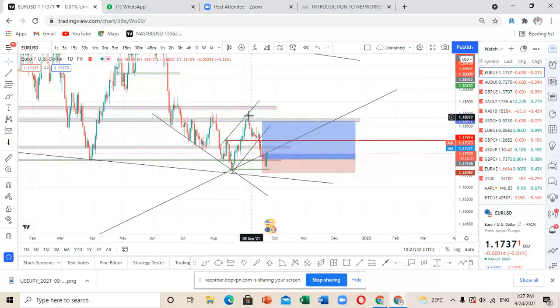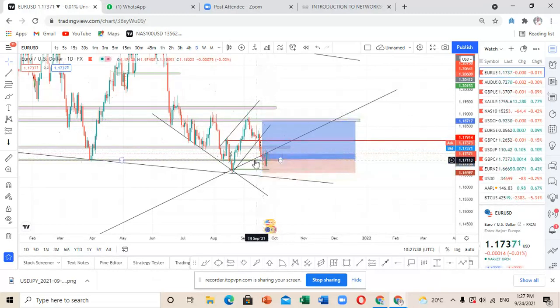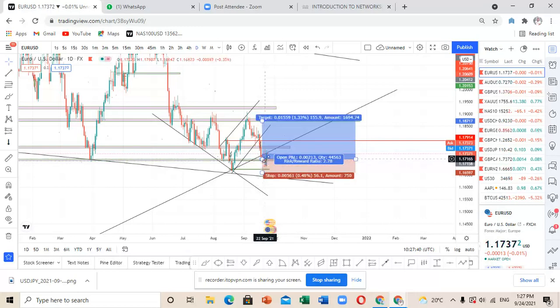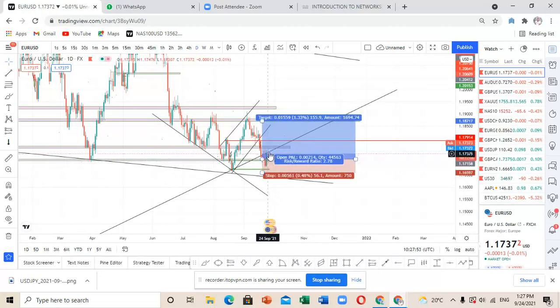Since this is a very strong point of support, the market was again pulled down to these levels, as I expected. That's why you can see that my stop loss was a little lower than this point of support. The market came lower to this level, but then they rose higher.